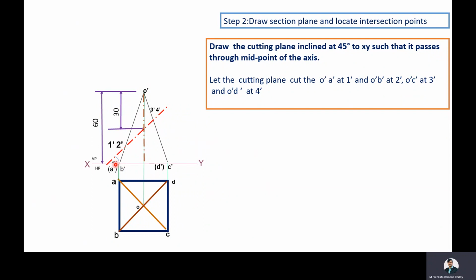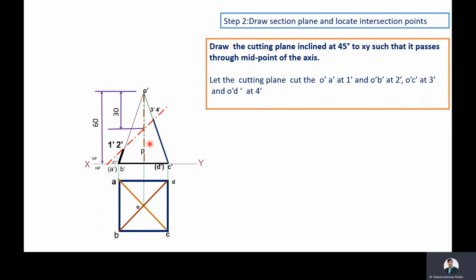So dot the portion below the section plane line of the square pyramid in front view. This part P of the square pyramid's portion is to be developed. This part P of the square pyramid portion is called truncated pyramid.